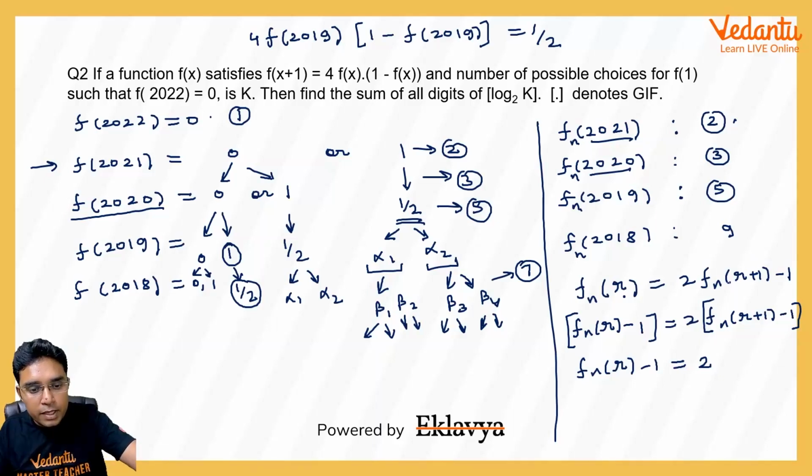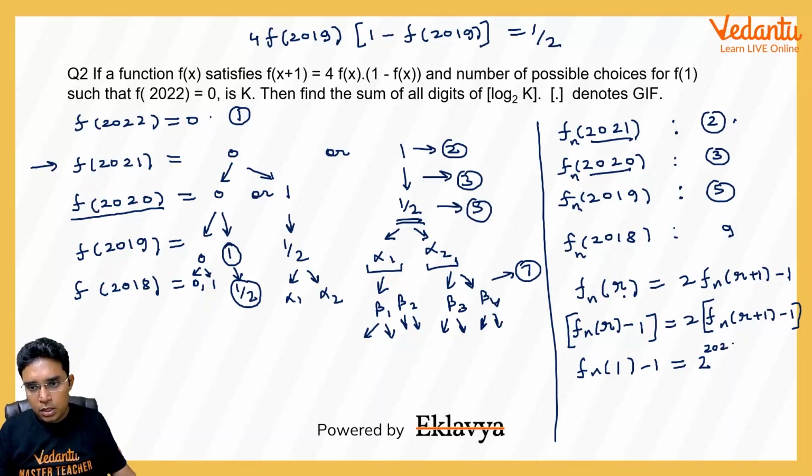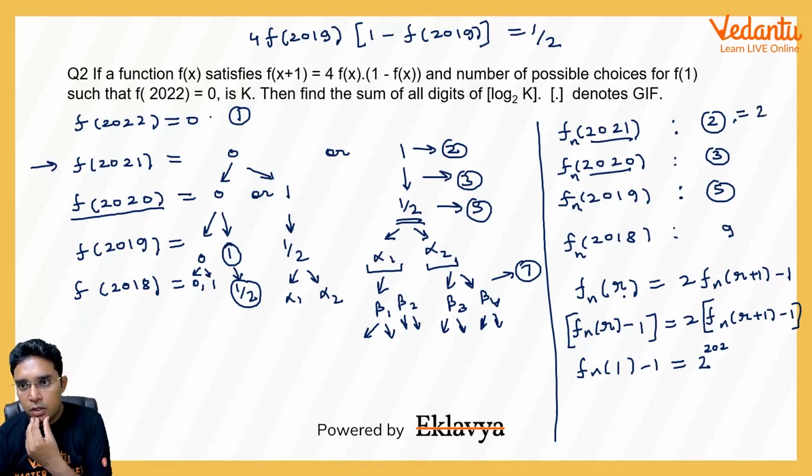or let me do one thing. Let me take this till 1 only, because we are looking for 1. So I think this will be equal to 2 raised to the power, from 2021, I have to do it 2020 times. Let me think once again. For 2021, it will be like, if I write it like 2 power 0 plus 1, we can write this. I can write 2 power 1 plus 1.